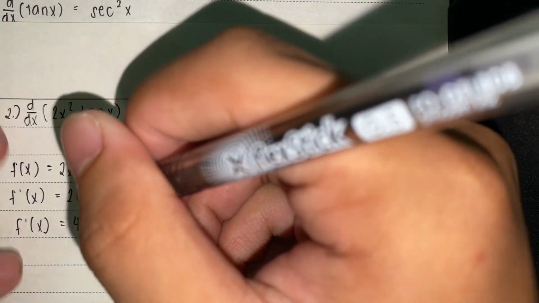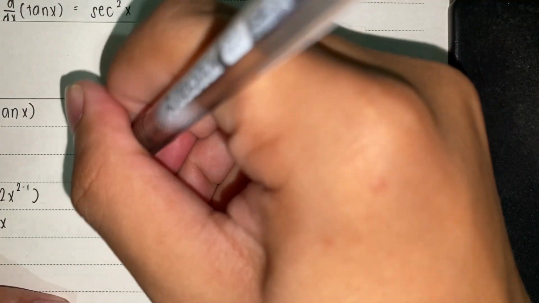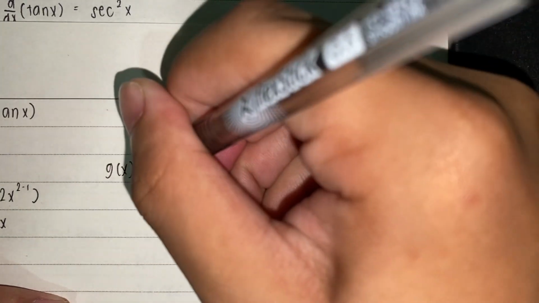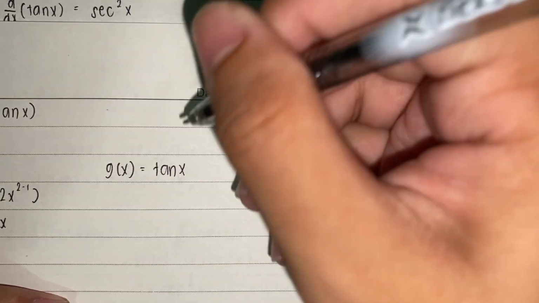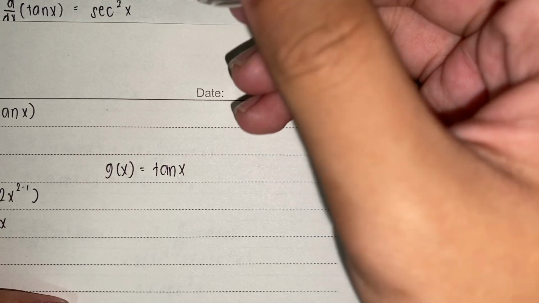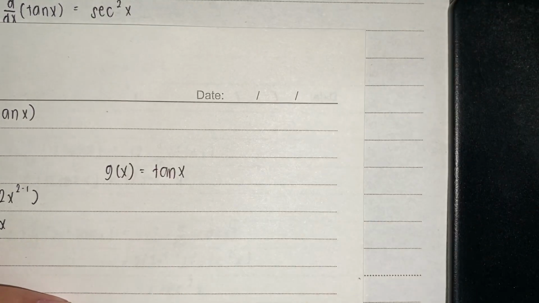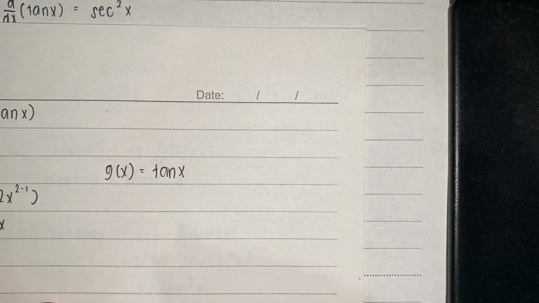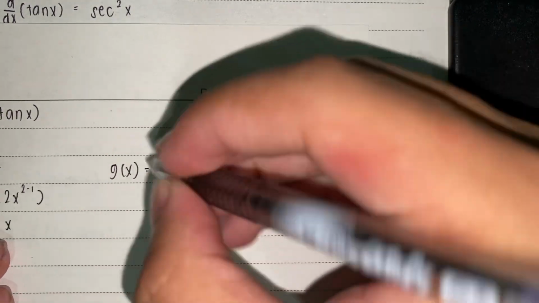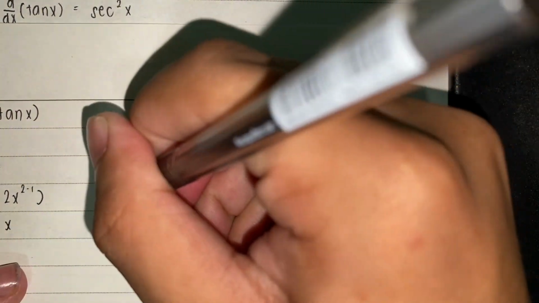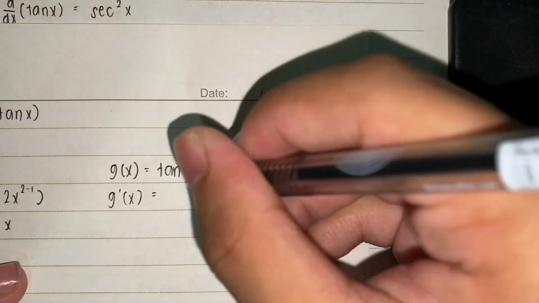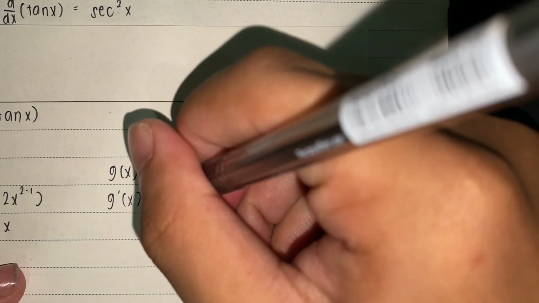No need to copy the 1. Next, our g of x is going to be equal to tangent x, and by the trigonometric function rule, we're going to be using secant squared x as its derivative.